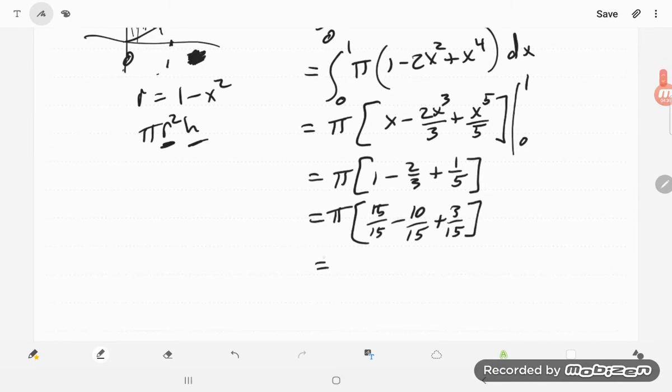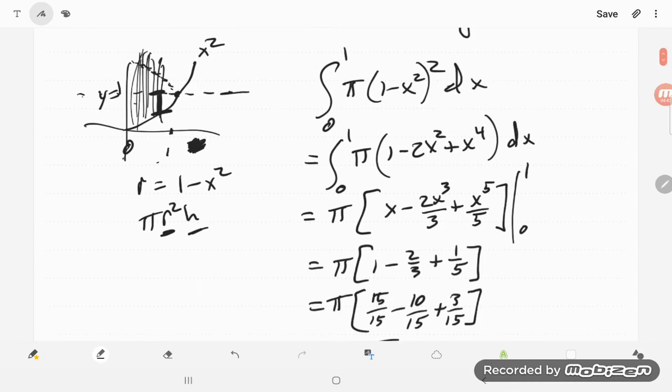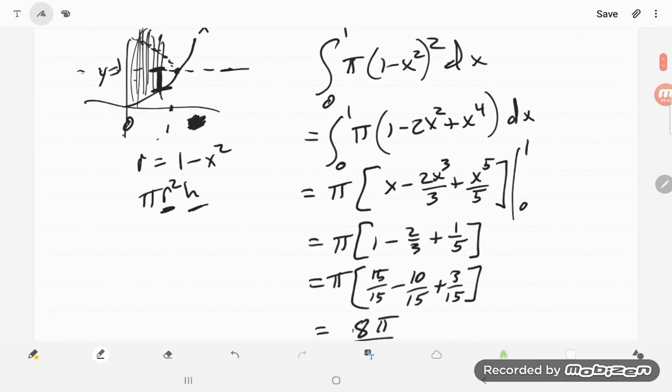And so 15 minus 10 is 5, plus 3 is 8, so 8 pi over 15. Okay, and so again, the point is it's always just pi r squared h every single time if we're making a disk. We just need to figure out the r squared and the h.